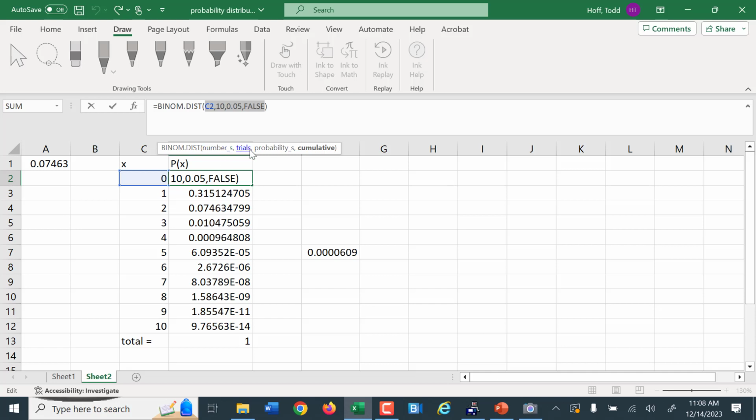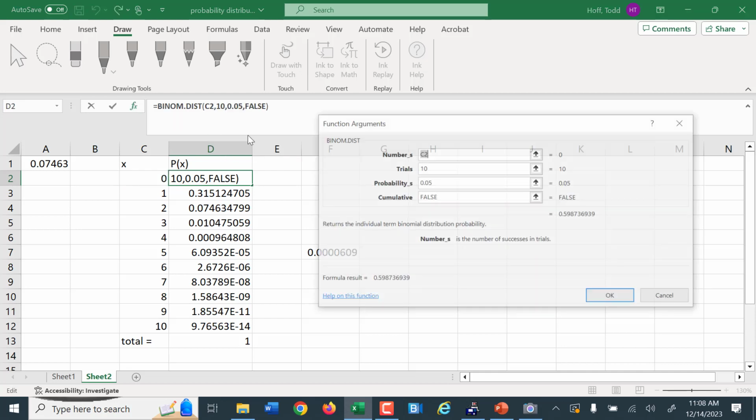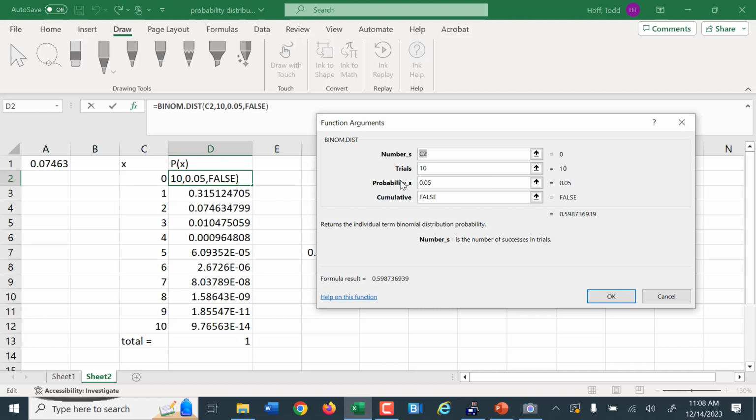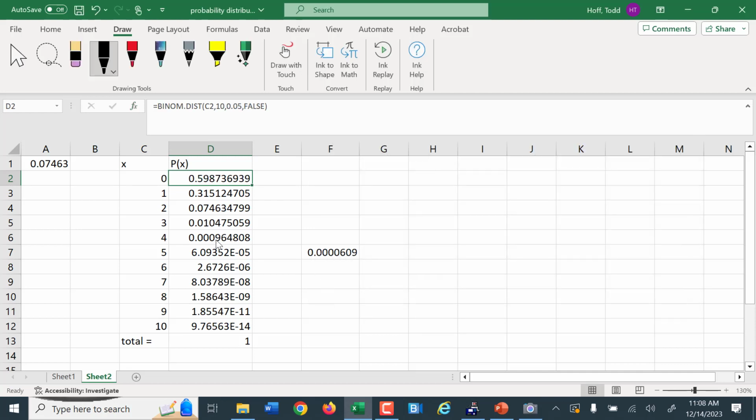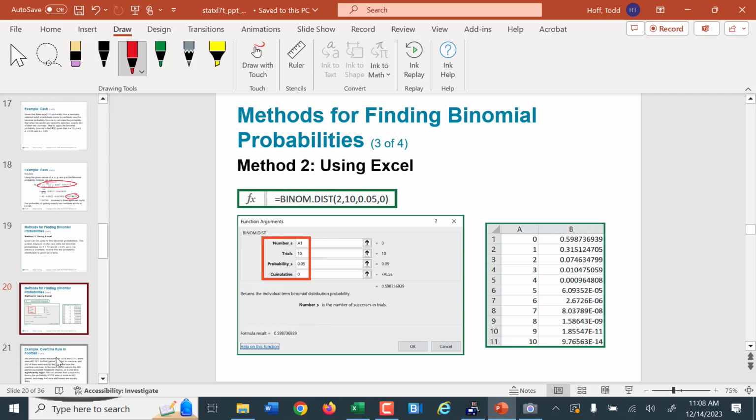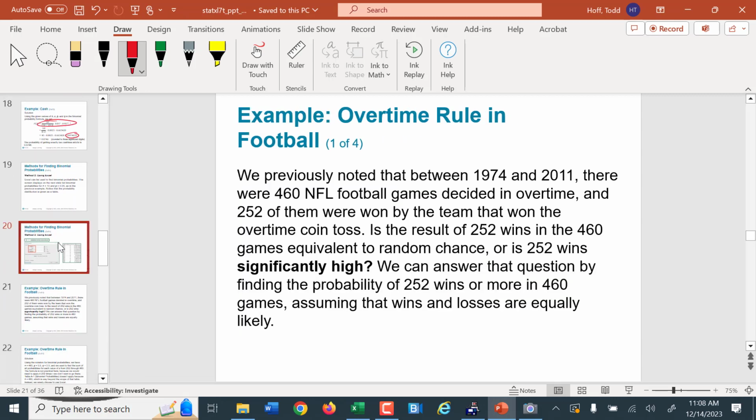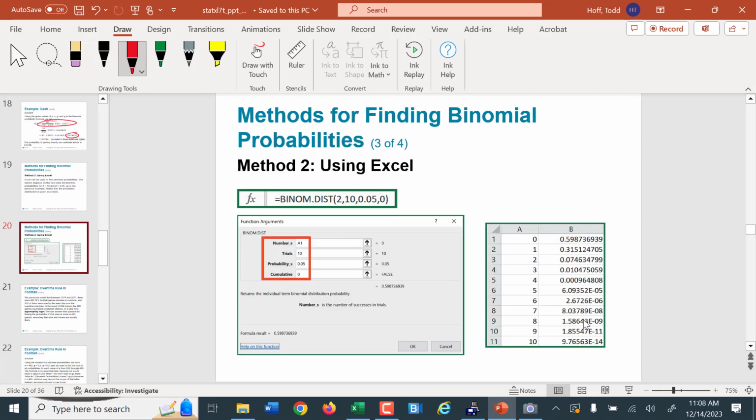You notice these items here are exactly the same as what's listed here. It's just whatever way you prefer seeing it, pretty much. And you can see those are the exact same numbers we got when we pulled them up in Excel too.